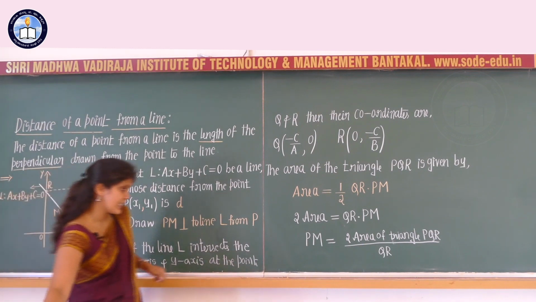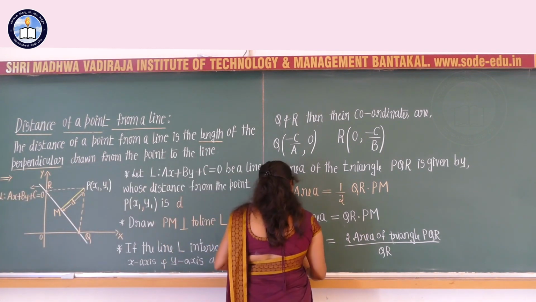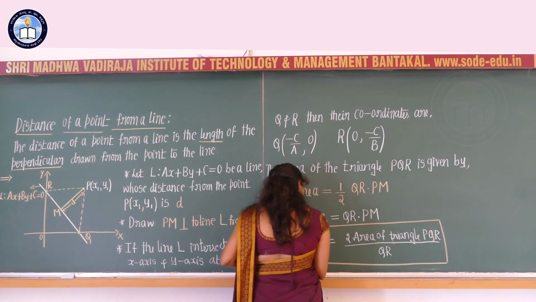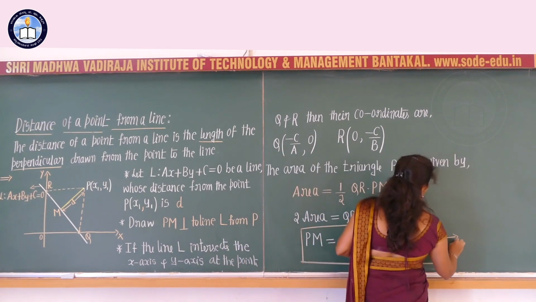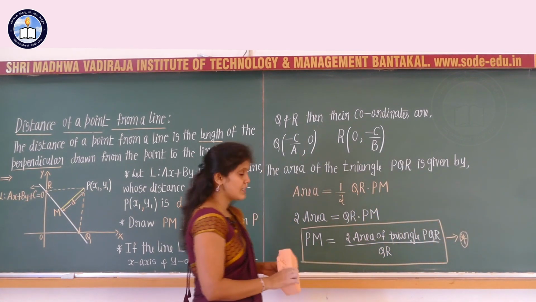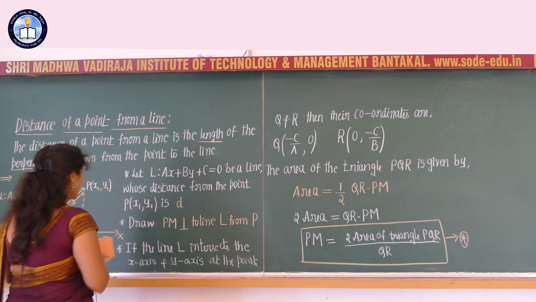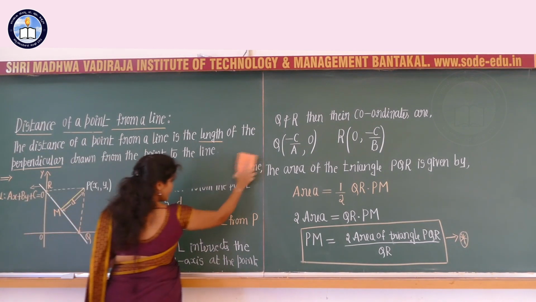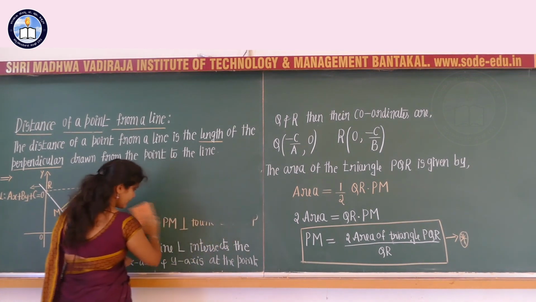Clear? So, we need to find out what is the numerator and the denominator term. Find the numerator and denominator and substitute in this equation, that gives the final answer for length of the perpendicular, correct? So, length of the perpendicular from the given point to the given line.